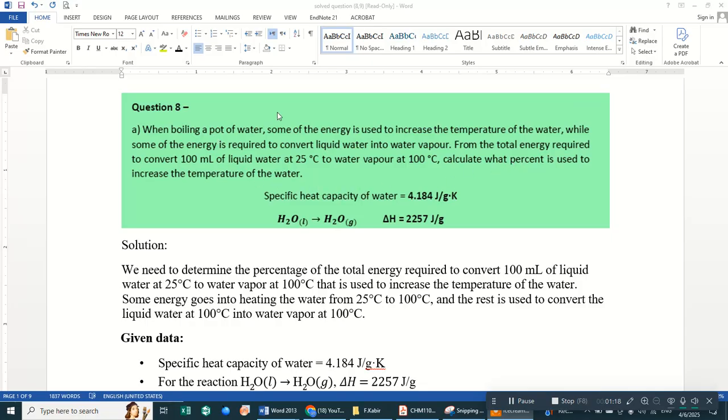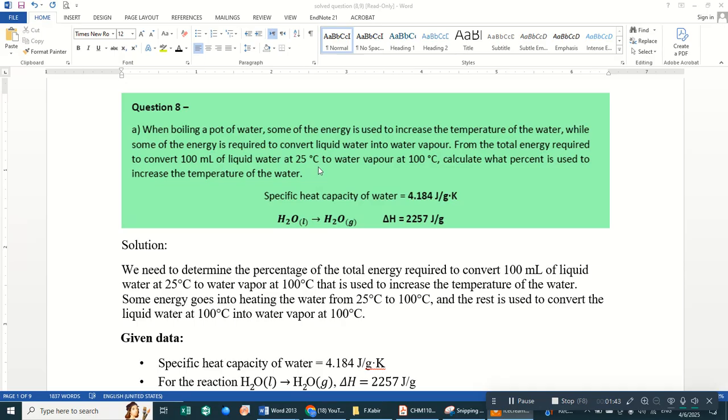In this statement, heat is divided into two parts. One part of the heat is provided to the 100 ml of liquid water to increase the temperature from 25 Celsius to 100 Celsius. One part of the heat is only used to increase the temperature.